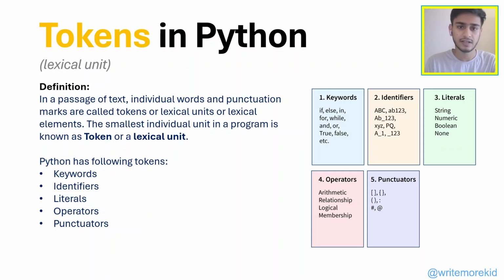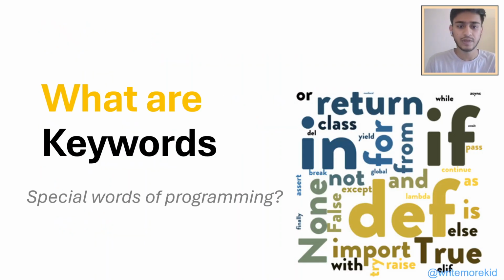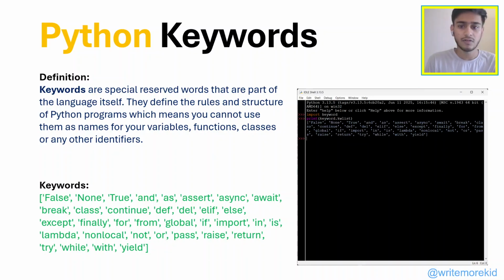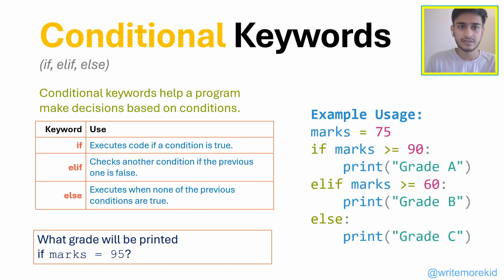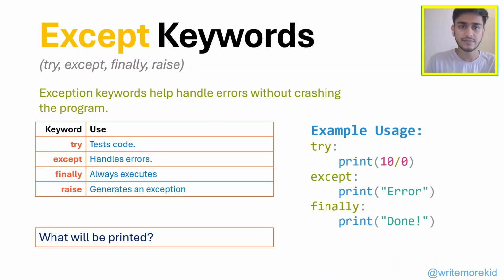We spent a good amount of time understanding each topic, either keywords, identifiers, literals, operators, punctuators, or anything else. Then we discussed what keywords are, all those keywords, and how you can print the list of keywords. Then we discussed the conditional ones, which are still keywords.